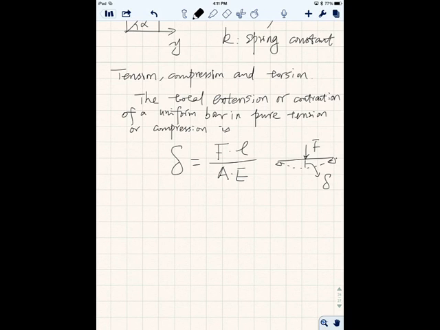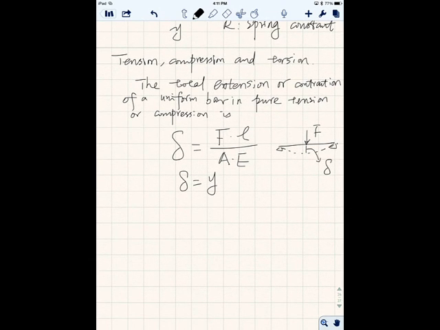And also we know the displacement is in the y direction, right? So we can also say delta is y. K is a quantity to relate the force applied and the displacement you have, right?